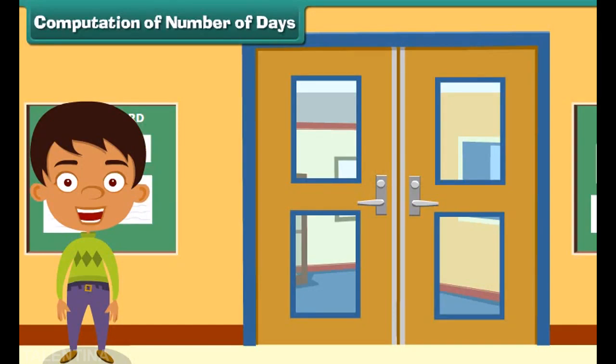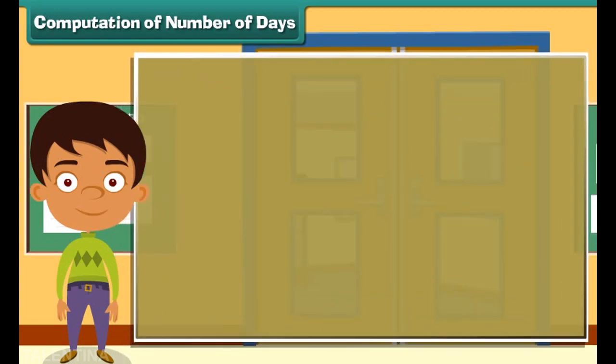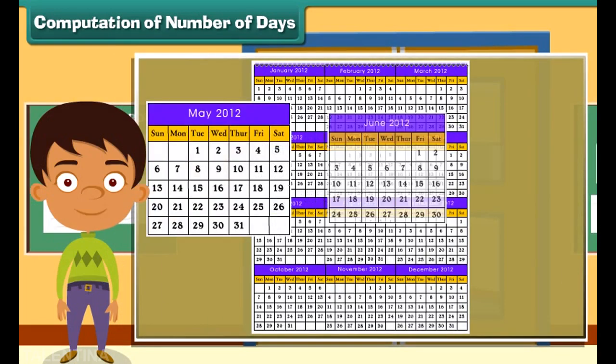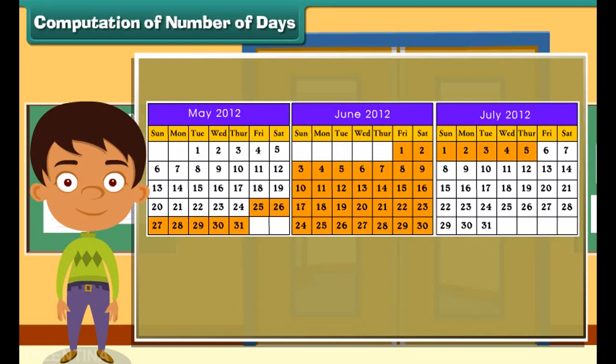Computation of number of days. Let's solve a problem involving computation of days. Akshat's school announced summer vacation from 25th May 2012 to 5th July 2012. How many days of summer vacation did Akshat get? There are 31 days in May.